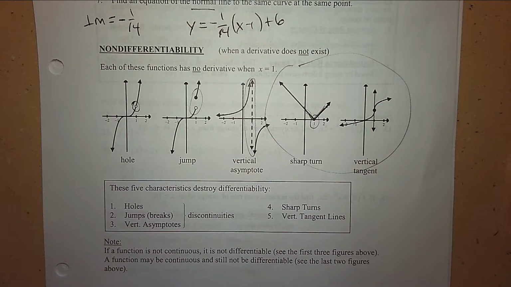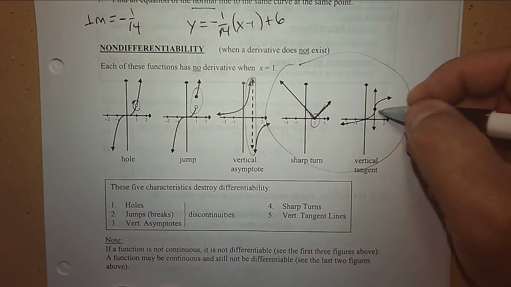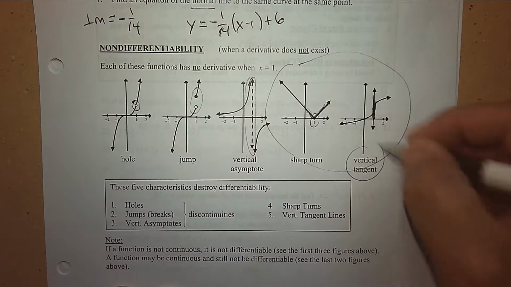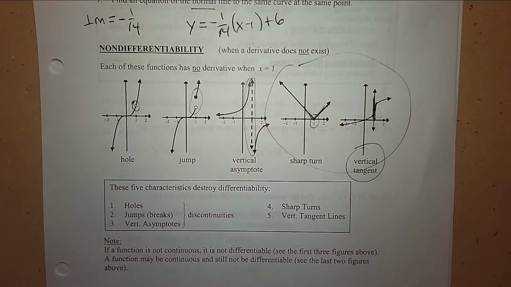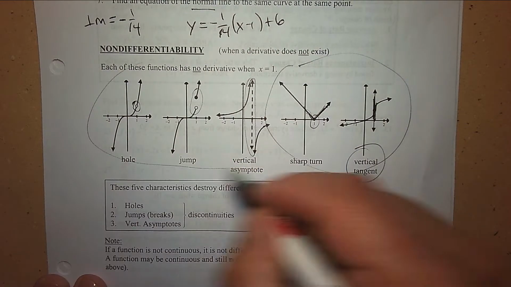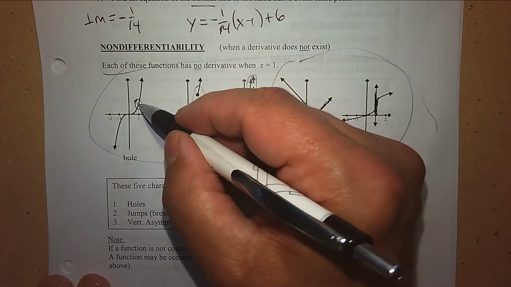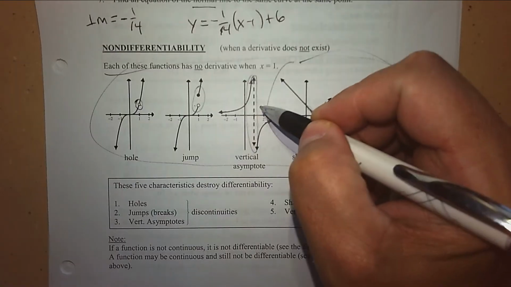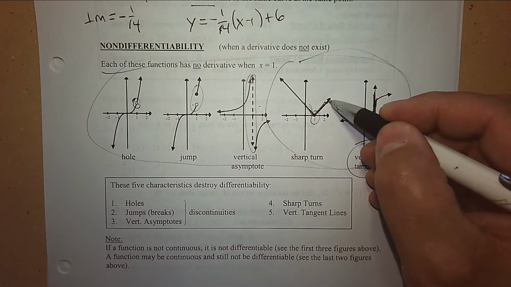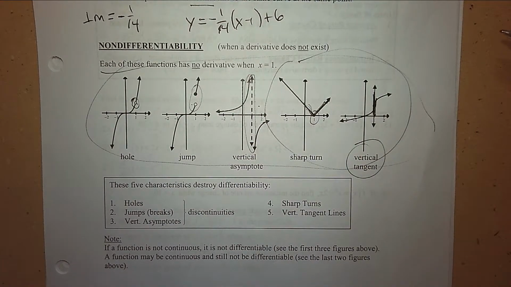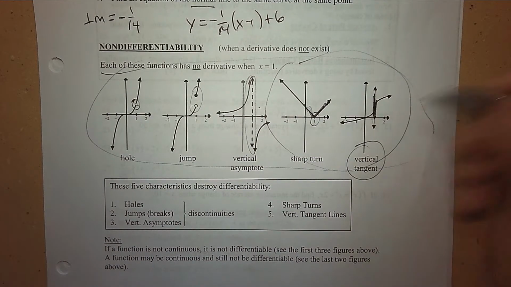No derivative. What's wrong here? This creates what type of tangent? And the slope of a vertical line is undefined. Can you see the 5 situations you cannot take the derivative of? What are they? If it's not continuous, correct? And if there's a sharp turn, sometimes we say the word cusp, or if there's a vertical tangent.